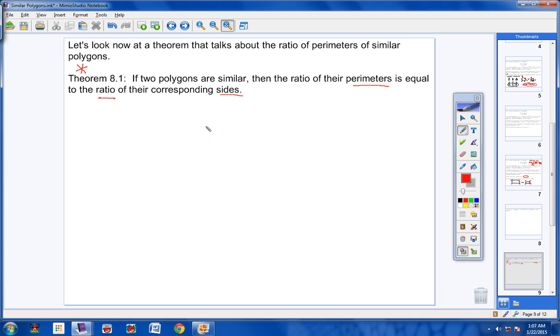Let me give an example of this so you understand what's going on. Here we go. Let's go ahead and use some triangles again. Let's see, we'll draw a right triangle, and a bigger right triangle. Let's label this right triangle 3, 4, 5.